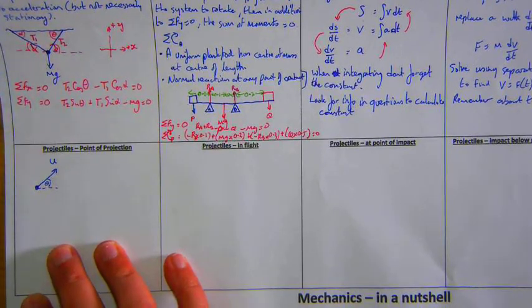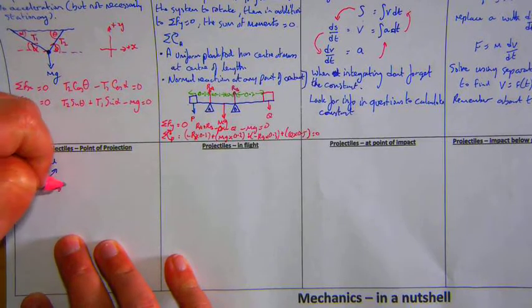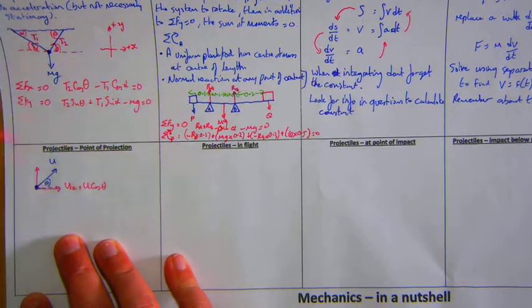Just like with components of forces, we work with horizontal and vertical components, or i's and j's if it's a vectors context. So ux would be u cos theta, and uy would be u sin theta.